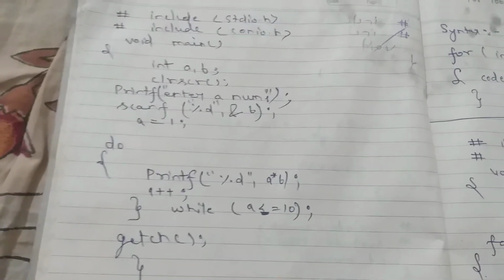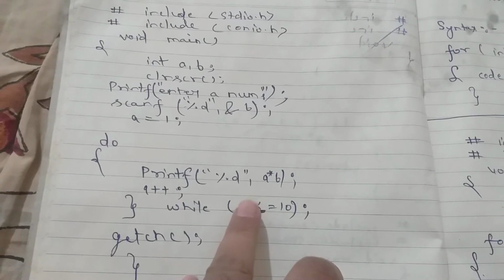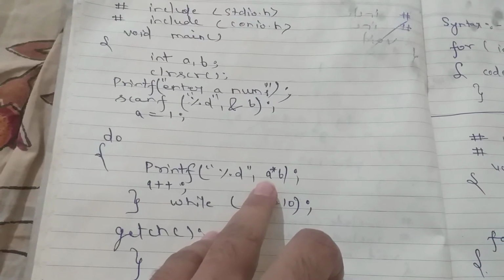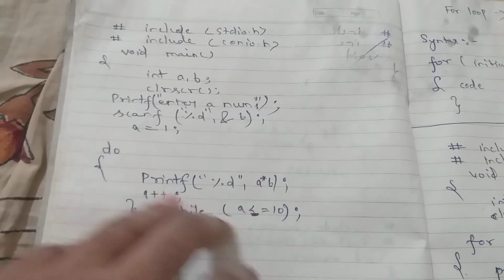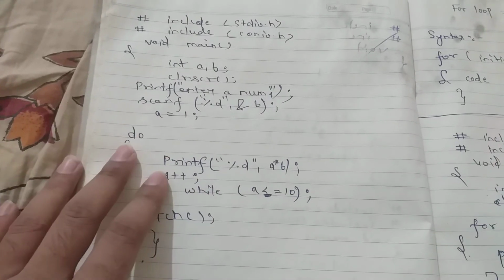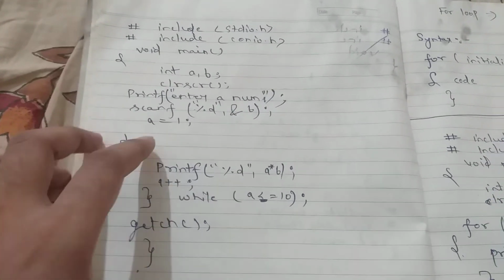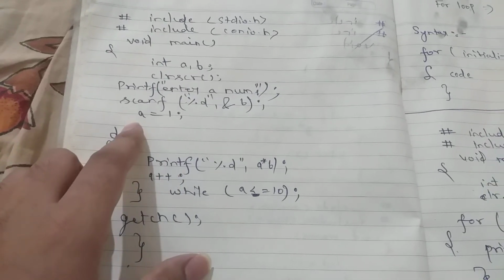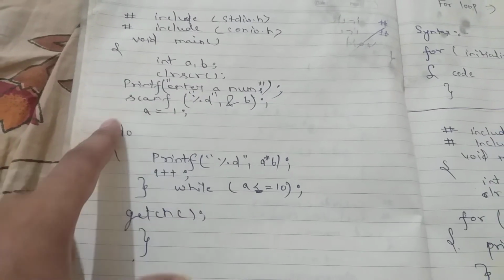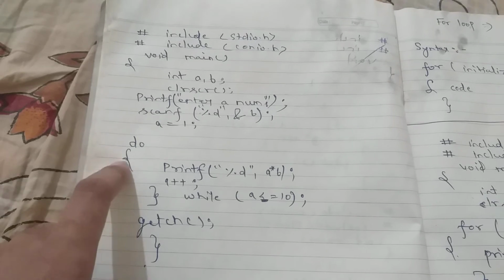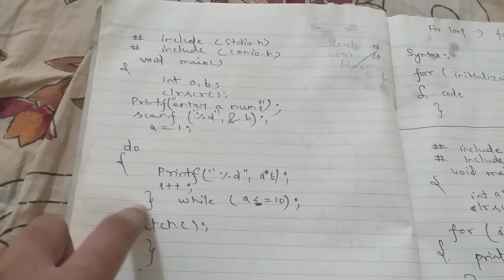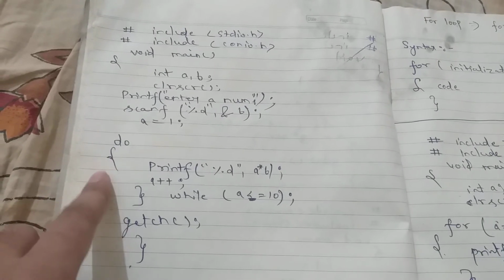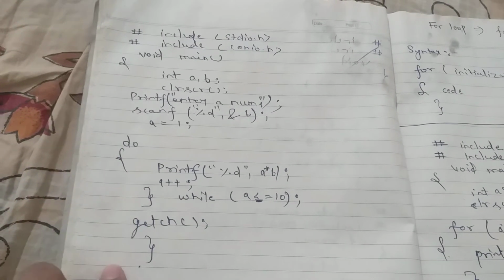What we want to do is print any type of table for any number. If we want to print the table of any number like 2 or 3, then it should start from 2 into 1, 2 into 2, 2 into 3, 2 into 4, and for 3, 3 into 1, 3 into 2, 3 into 3, up to 3 into 10.